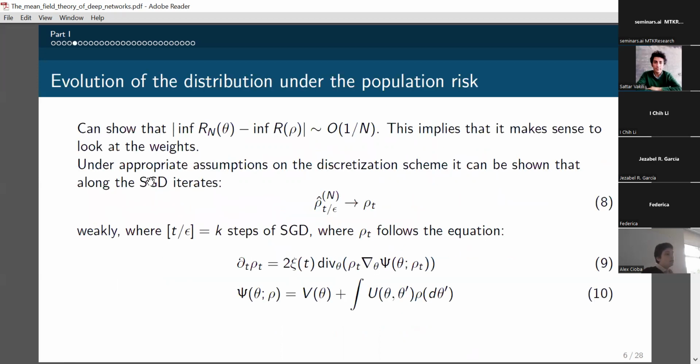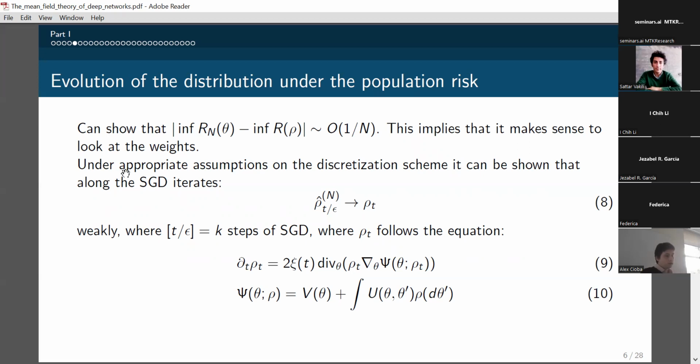You can give fairly trivial bounds on the risk, which say that the infima of the finite sum risks and the infima of the distributional risks are closely related as n goes to infinity. So in particular, you have this kind of equivalence in the risks of the distributional weights and the empirical weights.